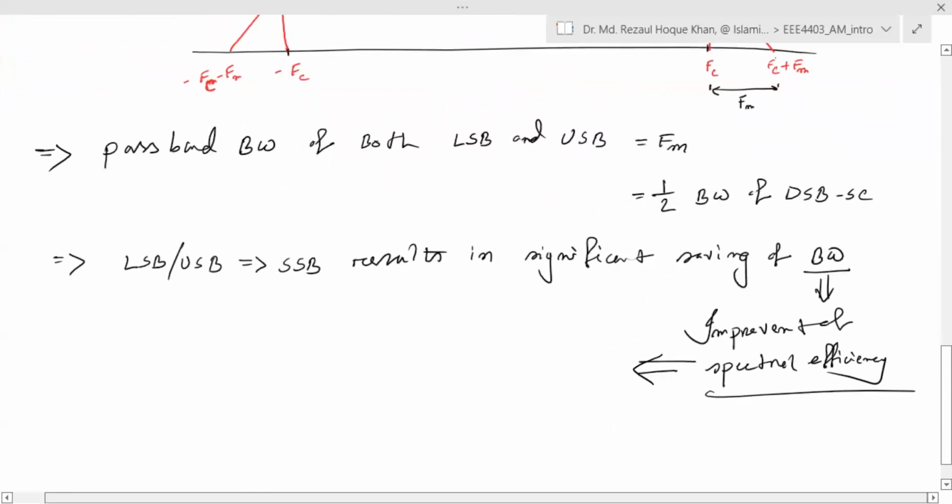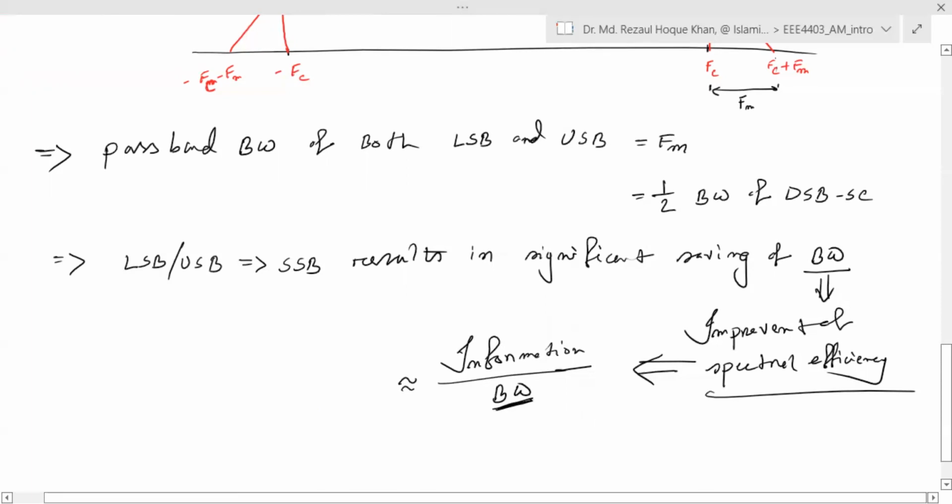The spectral efficiency is considered like this: we have information carried by the bandwidth. For DSB, this bandwidth is higher, and the higher the bandwidth, the lower the spectral efficiency.